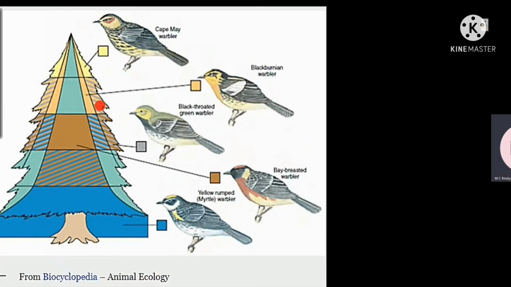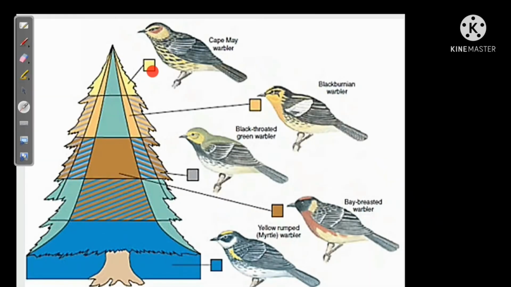As seen in this case, MacArthur's warblers. These are different varieties of warbler birds. They depend on and stay on the same resource, the same tree, but they share the resources and all of them coexist because their foraging patterns are different. Like you can see, this warbler feeds from the periphery of this tree.